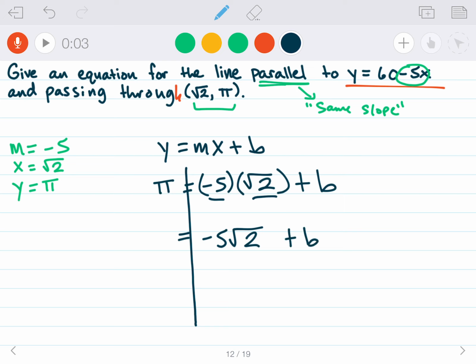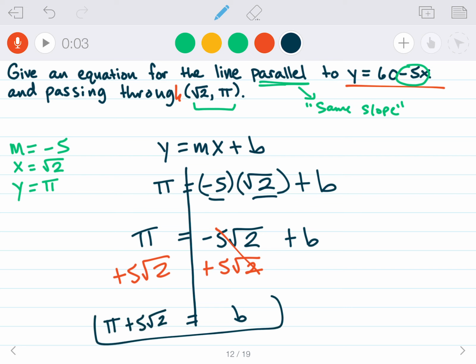That's all that is. And then if I want to get b by itself, I can add 5 root 2 to both sides. And yeah, b is a strange looking number. It's pi plus 5 root 2. But it's a number nonetheless. So b is going to be pi plus 5 root 2.